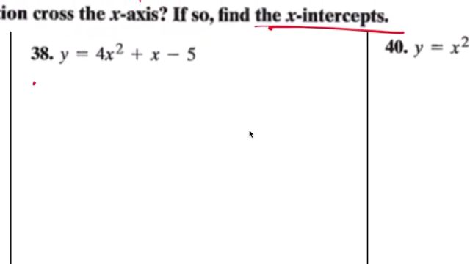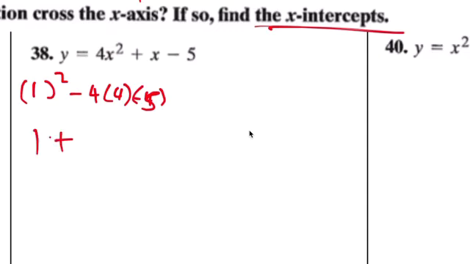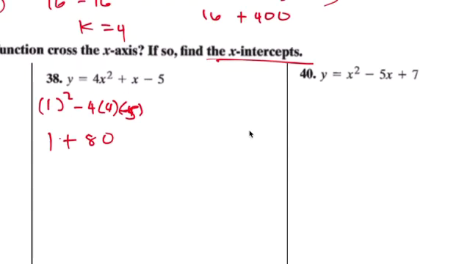Here, same thing, 1 squared minus 4 times 5. Yep, there's a solution, negative 5. So 1 plus 80. So there is a solution, so you need to find the solution. So you get negative 20 and then 1 here. So you use 4 and 5.